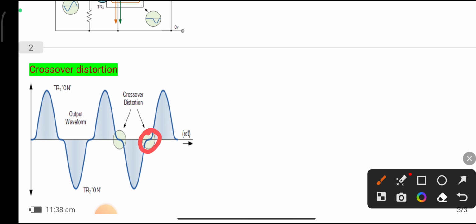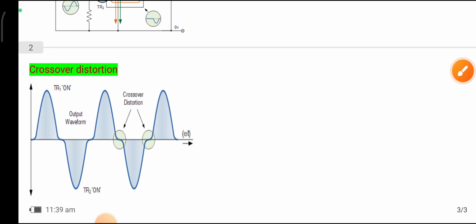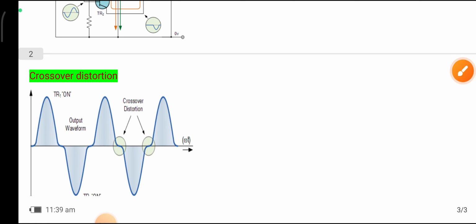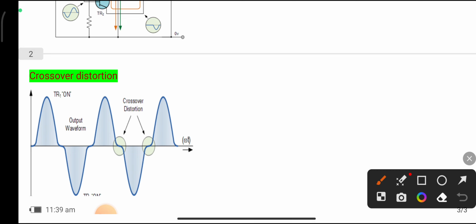This region is called crossover distortion, because in this region the base emitter voltage is less than 0.7 volts. Because it is less than 0.7 volts, the transistor is in off condition, so there is no output in this region. When the input voltage, VBE, is greater than 0.7 volts, the transistor conducts.